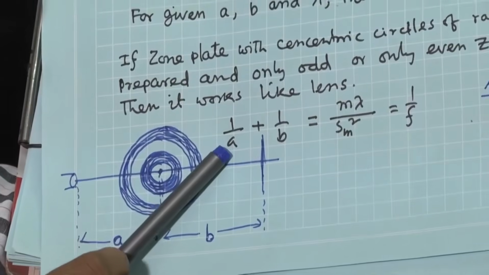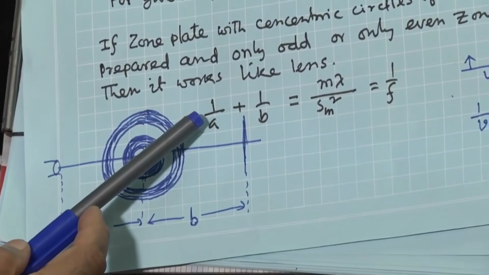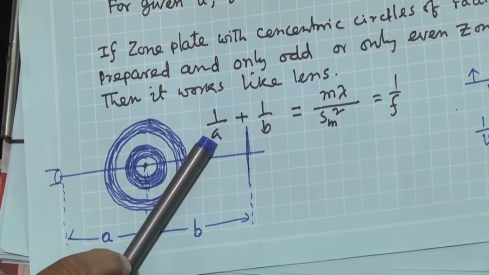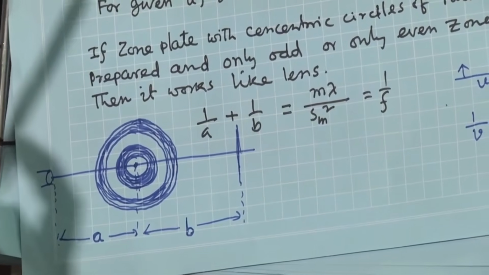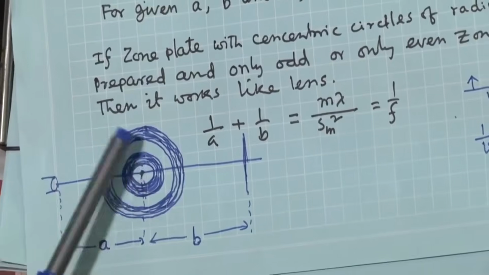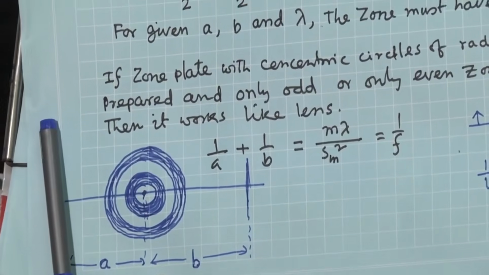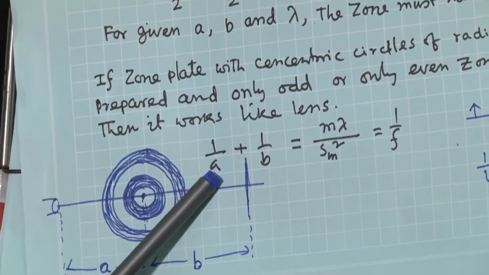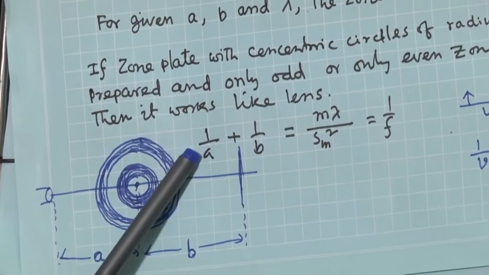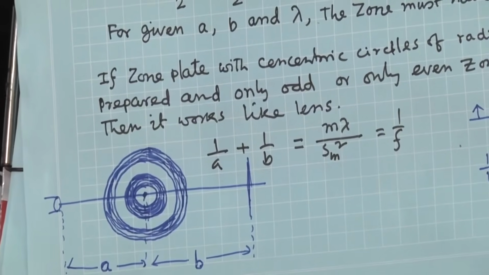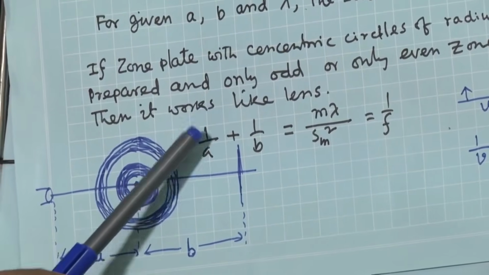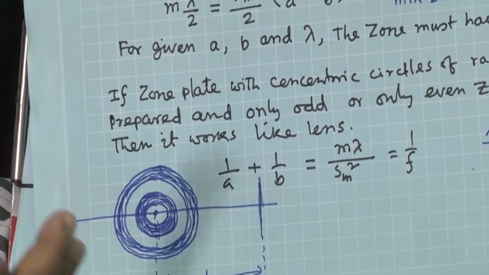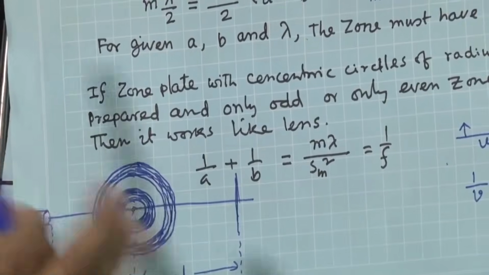If I take parallel rays, that is, the light falling on the zone plate is parallel, then we can take a as infinity. So the object distance is at infinity, and 1/a will be 0. We will design the experiment in such a way that this part becomes 0.